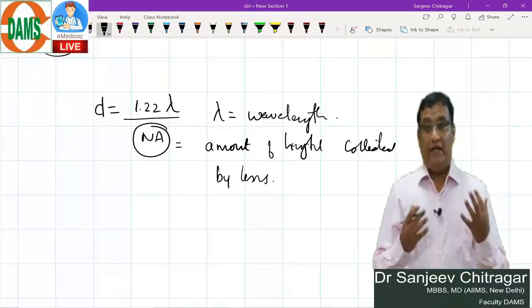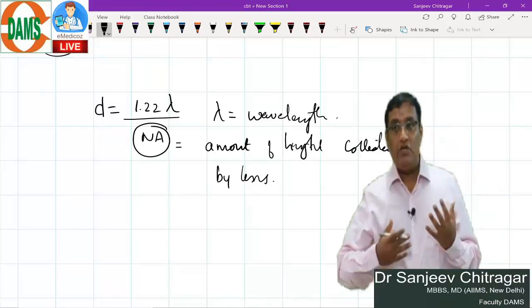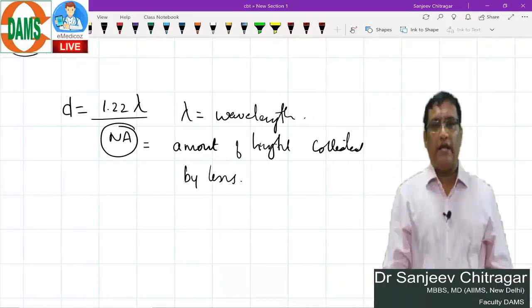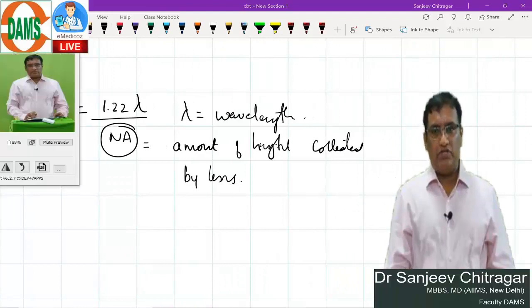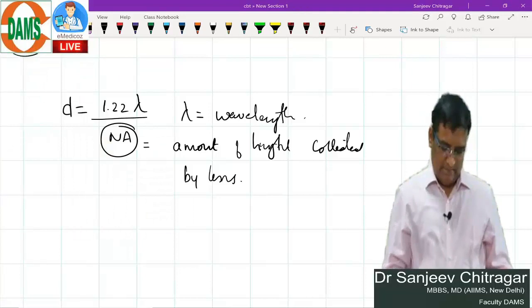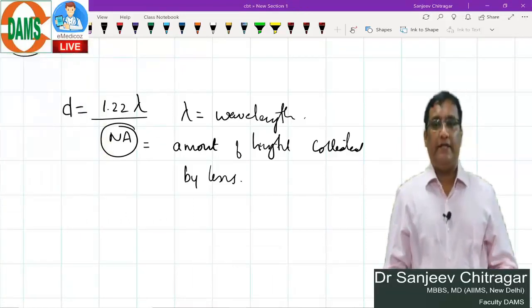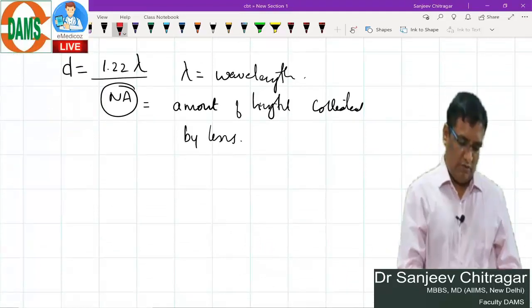So numerical aperture is the amount of light collected by the lens.